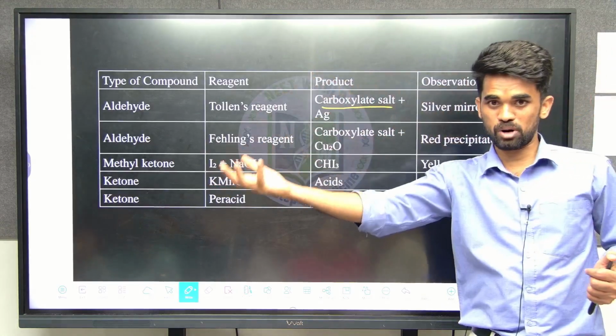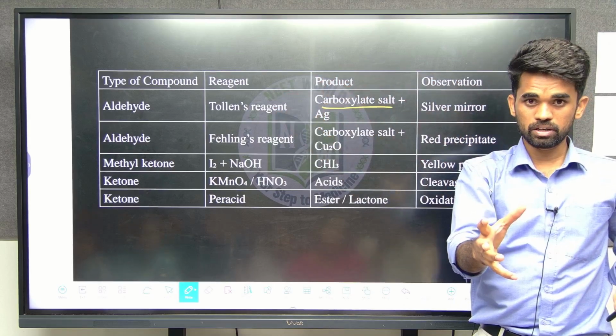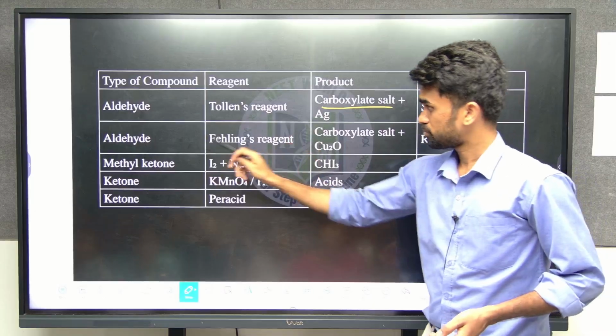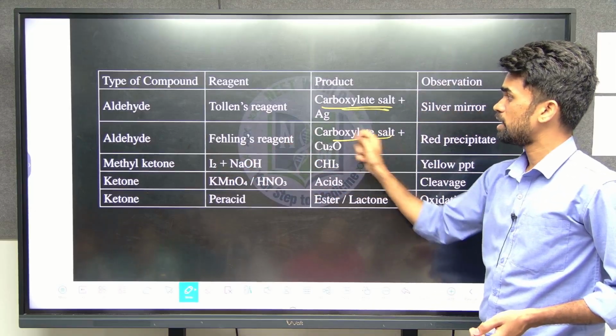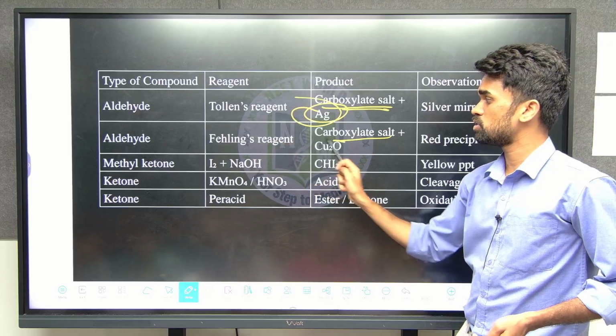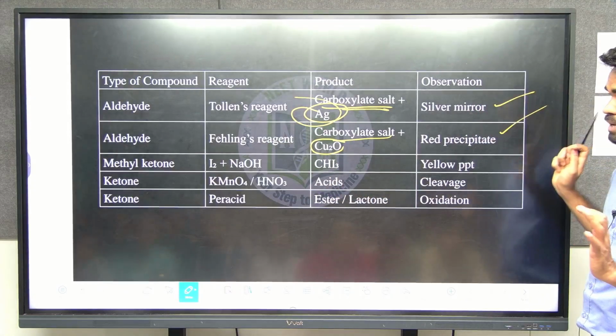What is that process called? Aldehyde to carboxylic acid means oxidation. Oxidation of that compound takes place. Next, both form carboxylate ion, and Tollens will give you a silver mirror, Fehling's gives you a red color precipitate. Okay, silver mirror, red color precipitate.